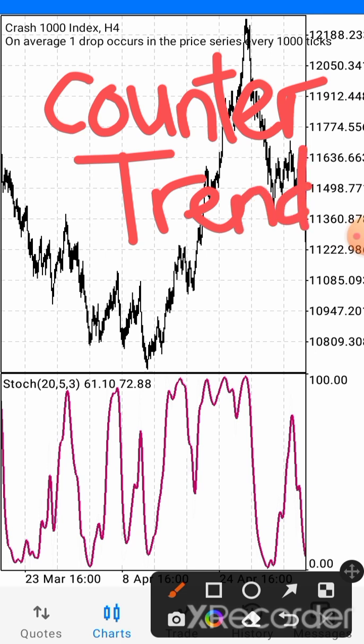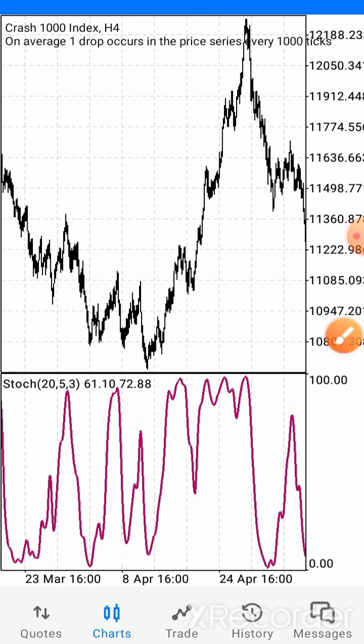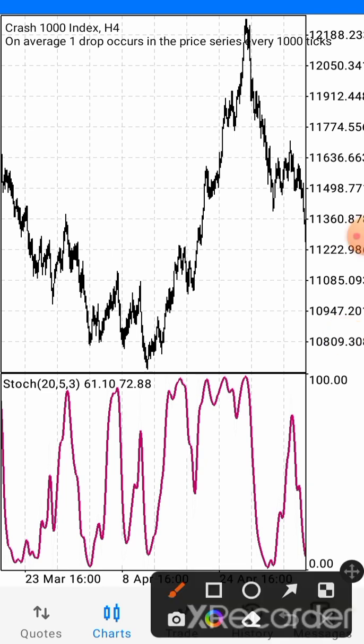Okay, then the trend divergence, I call that the hidden divergence, in the sense that price is actually on an uptrend already, for example, and then you get to see a divergence confirming the continuation of that trend.